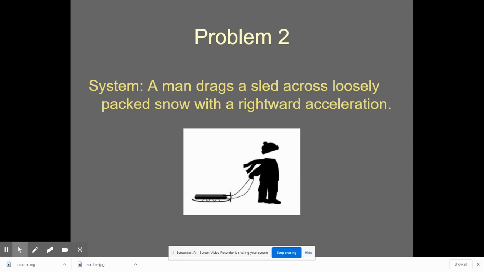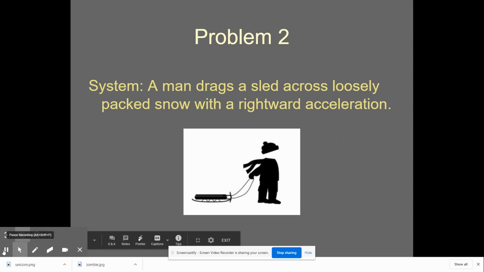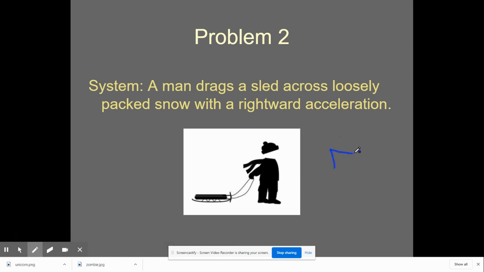Now, if I remember correctly, guys, I believe we are supposed to just consider the sled. So let me grab my pen. All right, so here's my box that represents the sled. Okay, I know that I have gravity.